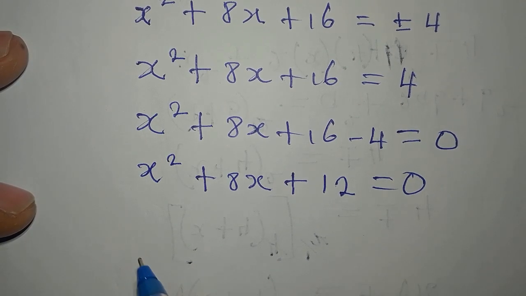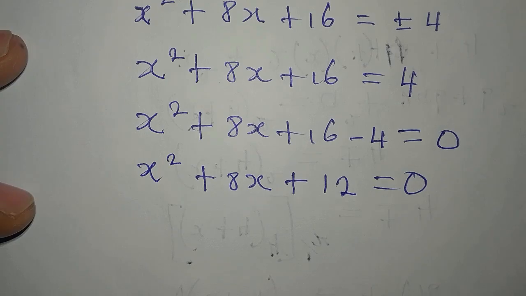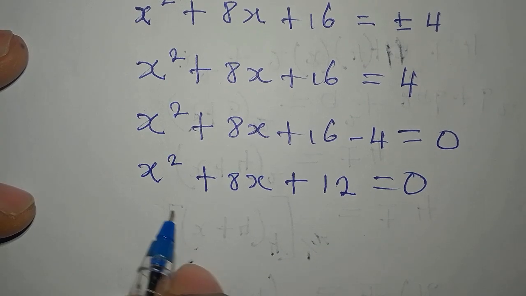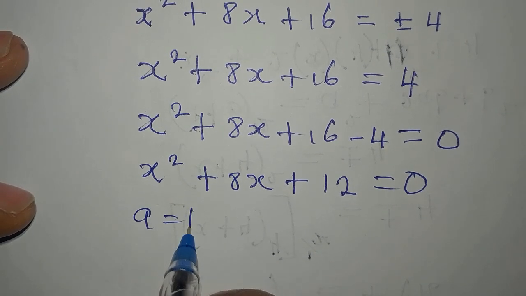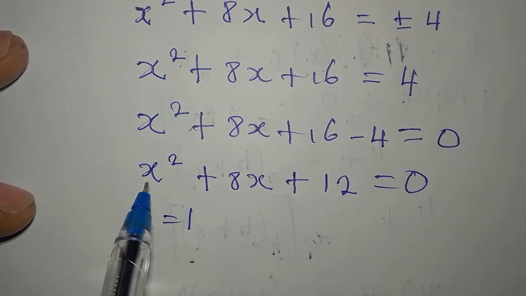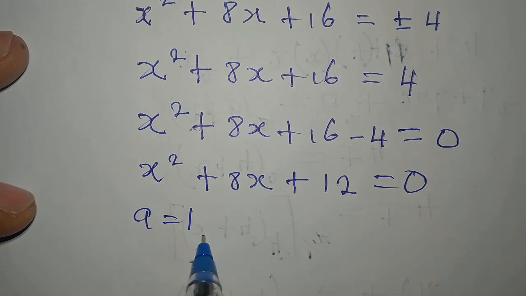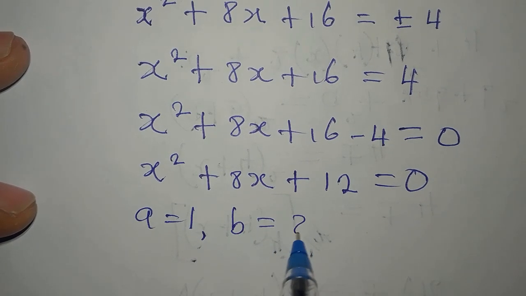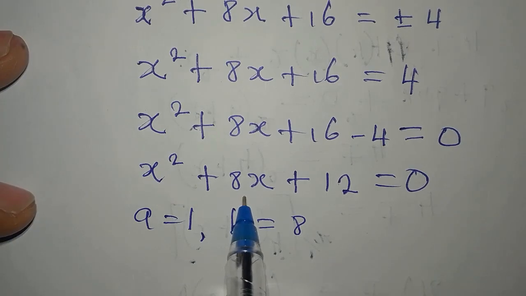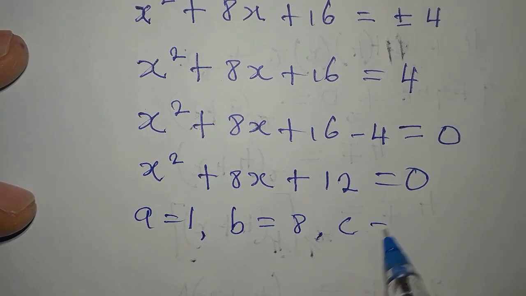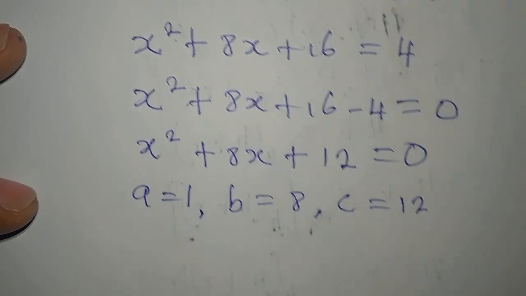So the formula has a, b, c. So it's left for you to know your a. Our a is 1. That is the coefficient of x squared, right? Then our b is 8, the coefficient of x. And then the c is 12, which is the constant.